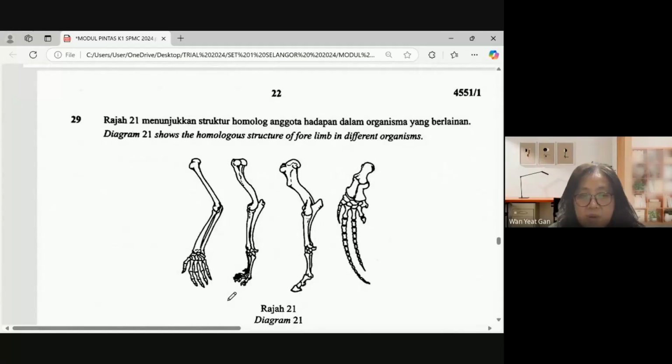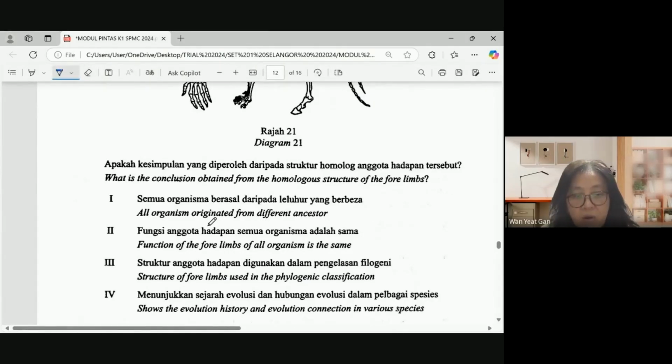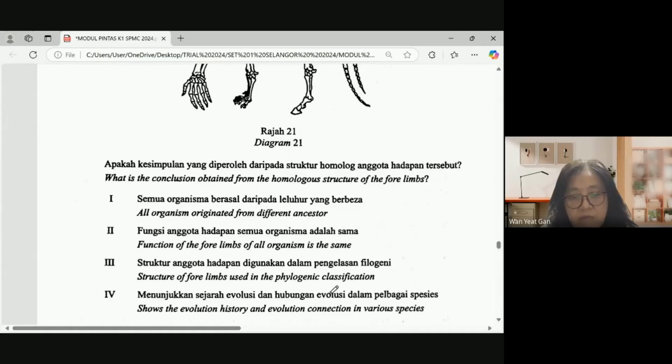Okay, diagram 21 showed a homologous structure of forelimbs in different organisms. So there are four types of forelimb here. What is the conclusion obtained from the homologous structure of the forelimb? Now, the homologous structures are used in phylogenetic classification.